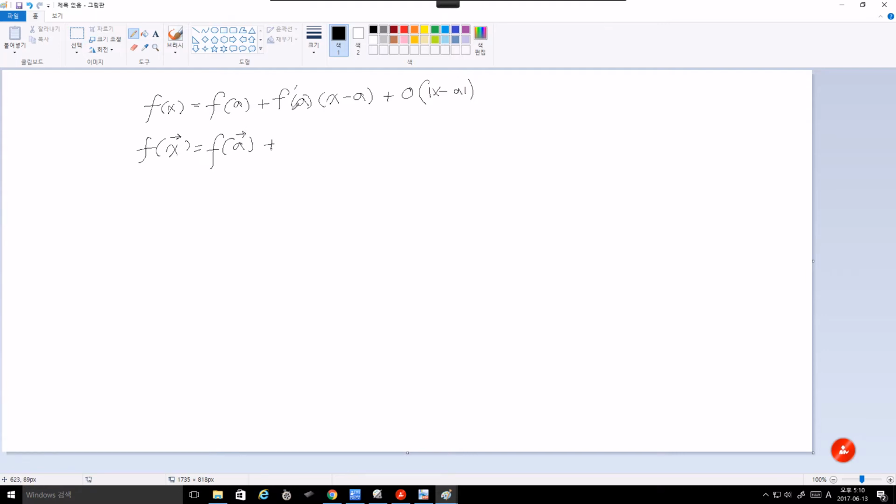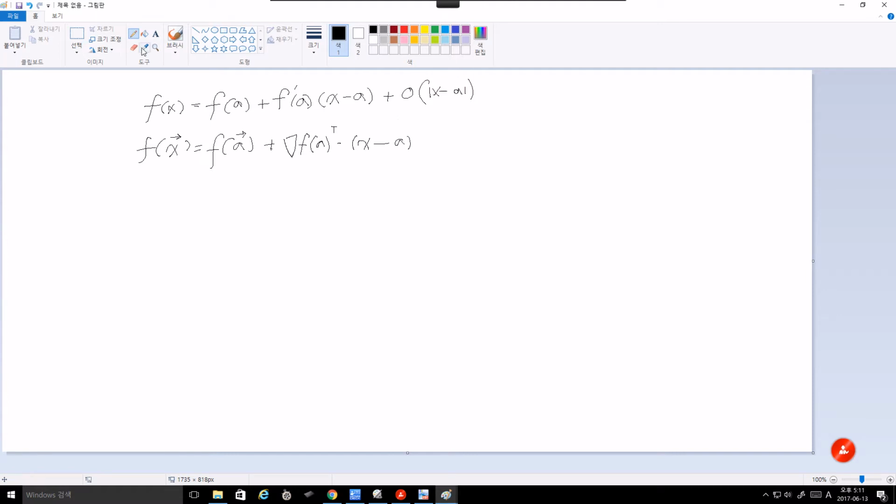Plus now we need a version of the first derivative for a vector function, so we have the gradient of f(a).